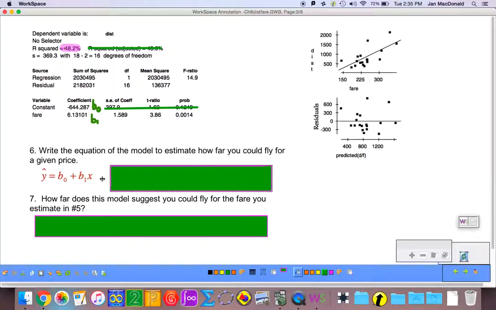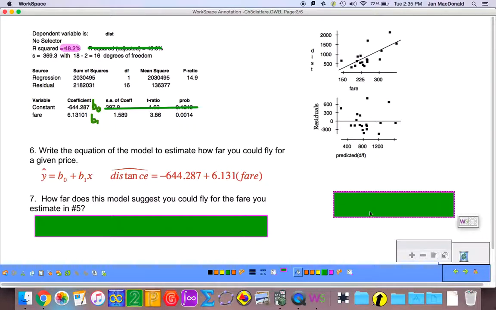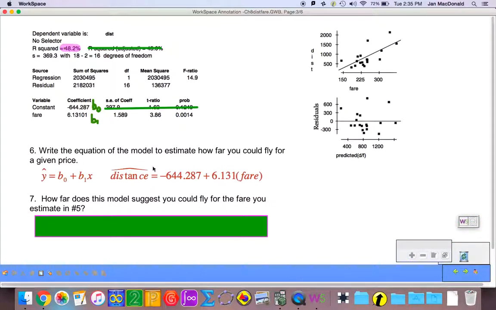Okay, so here's the general form of a linear equation in AP Statistics. Our predicted value of y is equal to b0 plus b1 times x. Well, y is distance traveled, so the predicted distance traveled is equal to negative 644.287 plus 6.131 times the fare.